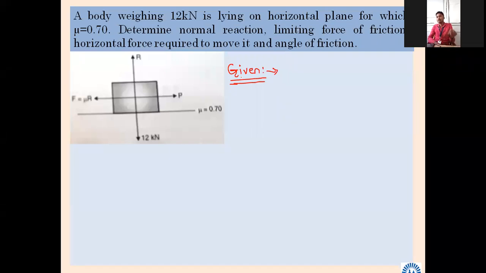Okay, what is given? Can someone guide me? What is given in the problem statement? There is one body on horizontal. Okay, what is given? Weight. How much is it? 12 kilonewton. Very good. What other is given? Coefficient of friction. Okay. What we are supposed to find?